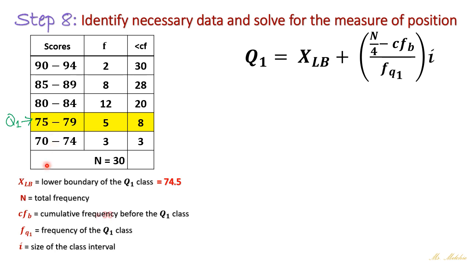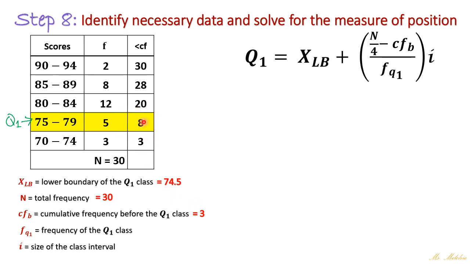Okay, next is your total frequency. As you can see, our n is equal to 30. You just simply sum up all the frequencies. So 2 plus 8 plus 12 plus 5 plus 3, it's 30. Next, we have the cumulative frequency before the Q1 class, or below the Q1 class.